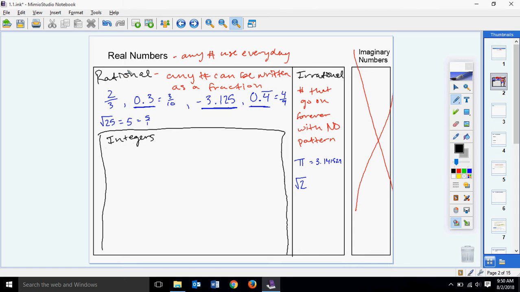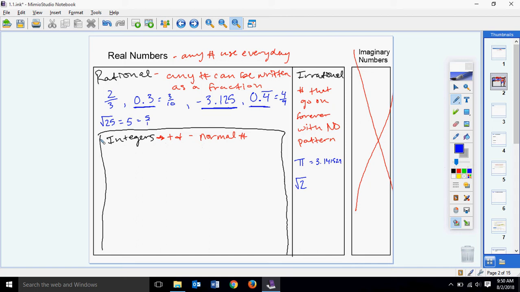So integers are also real numbers. You may have heard this term before, but an integer is positive and negative. I call them normal numbers. That's not really a math term, but it helps me remember what an integer is.